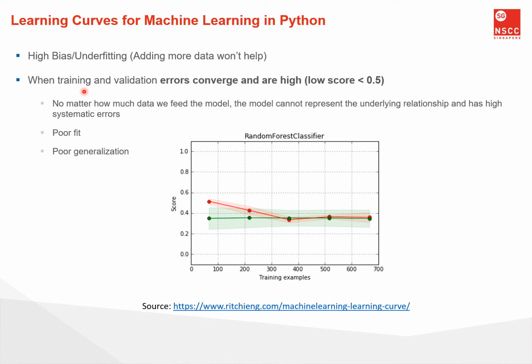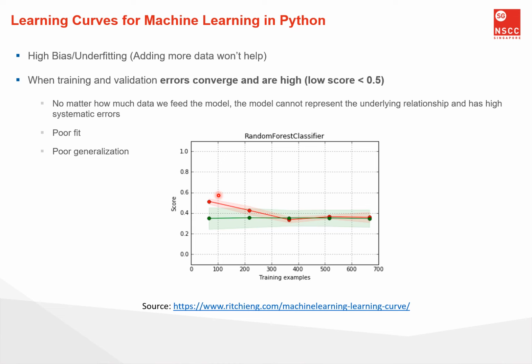When the cross-validation and the training scores converge but remain below 0.5, no matter how much data we feed into the model, it cannot represent the underlying relationship and has a high systematic error.